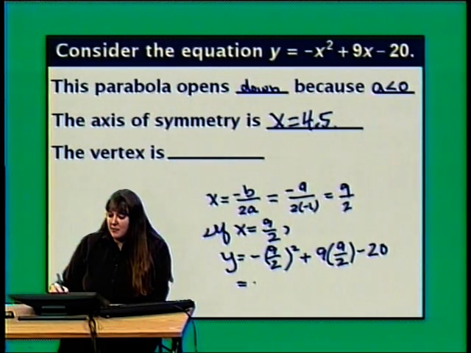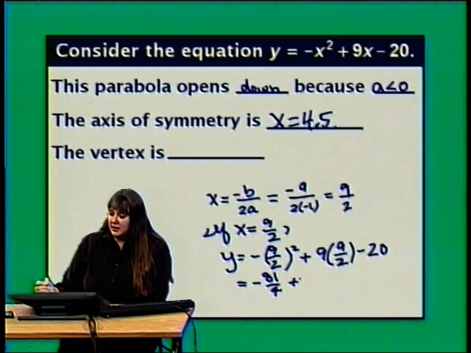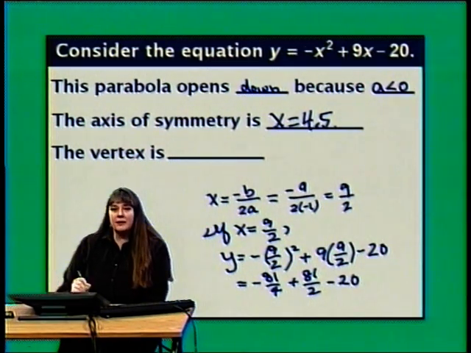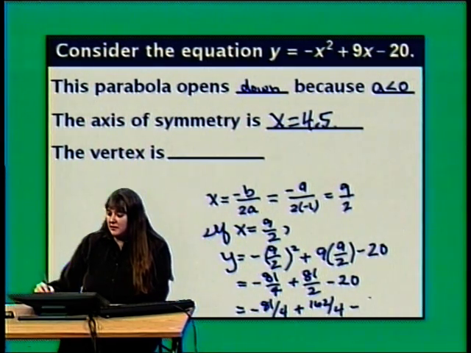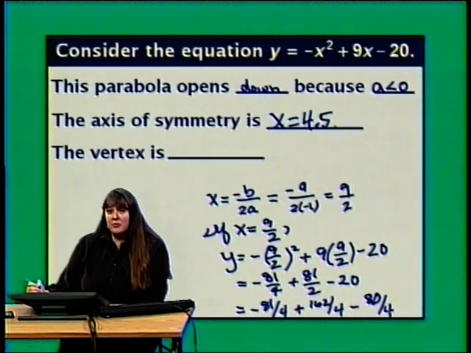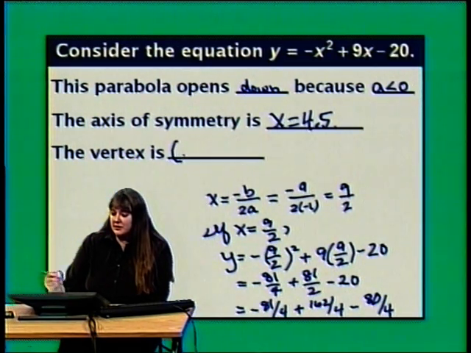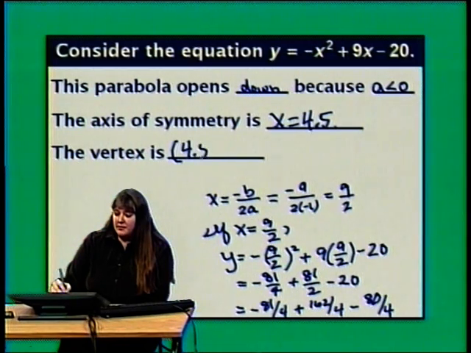So this is the opposite of 81/4 plus 81/2 minus 20. Now getting a common denominator, in this case that's 4, we have negative 81/4 plus 162/4 minus 80/4. Adding those all up, we get 1/4. So the vertex is 4.5, 1/4.